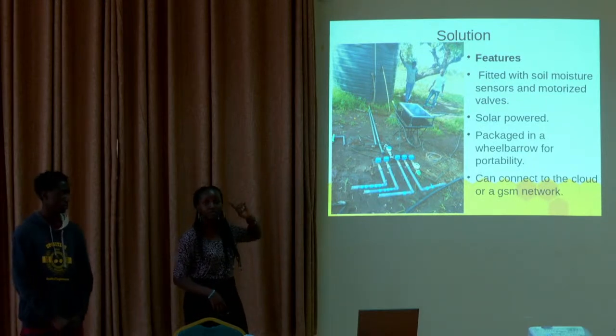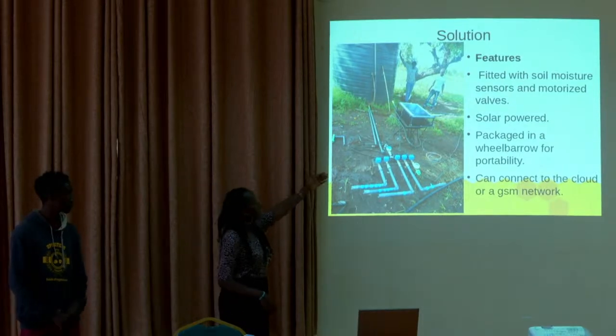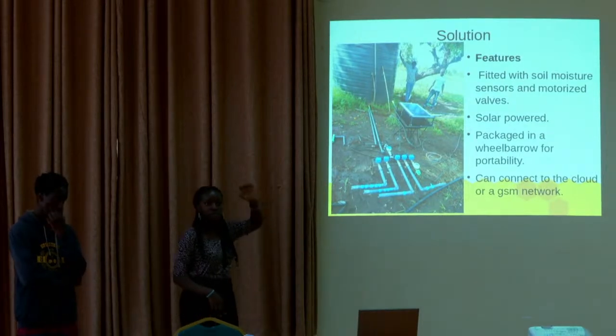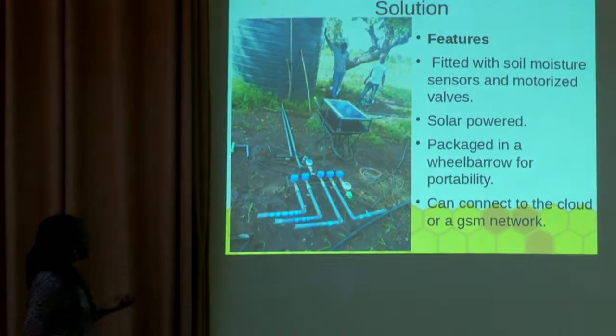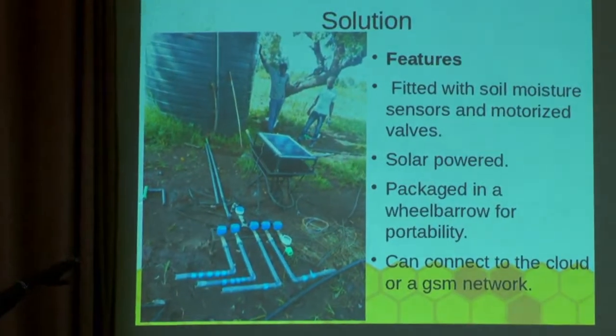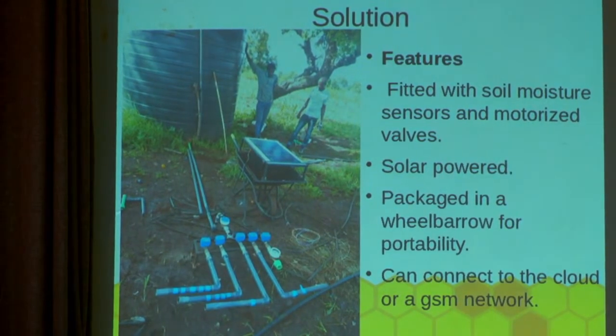Our energy comes from the solar panel. The control system is below the solar panel. The control system constitutes an ESP32 module with relays and all that. The reason why it is in a wheelbarrow is that a wheelbarrow is portable, so it can be placed in any place of the farm.